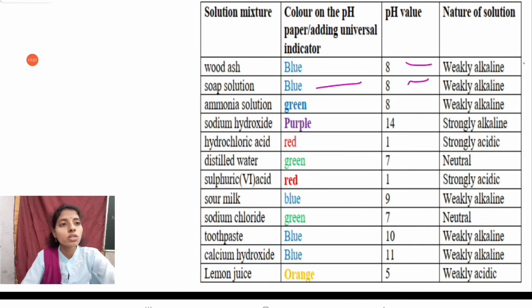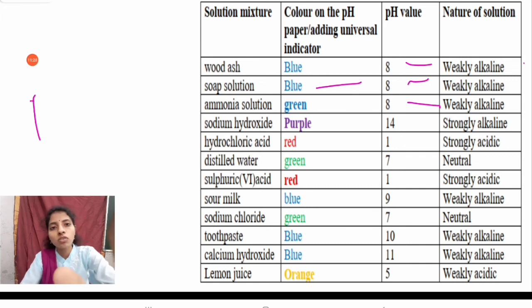So for ammonia solution, the color of the pH paper turns into green. So what is the pH value? The pH value is 8. And the nature of the solution, we know 8 indicates weak base. So this is weakly alkaline or weak base. The ammonia solution is also a weak base.